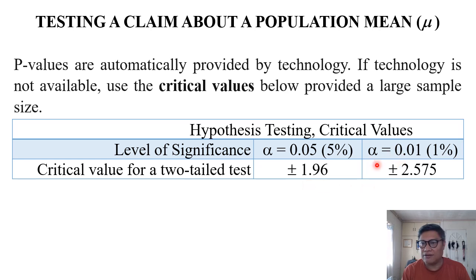If the critical value is 2.575, then we want the 1% level. We are just going to use the two-tailed test, because there are others where we can use the left tail or the right tail. For simplicity, we just focus on the two tails, so we use one positive and one negative critical value.